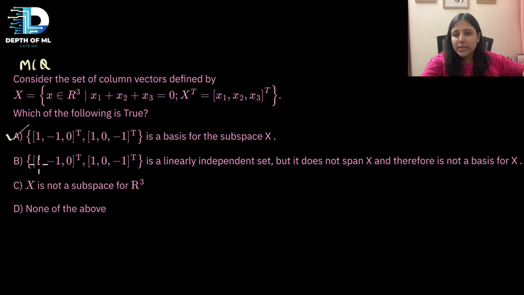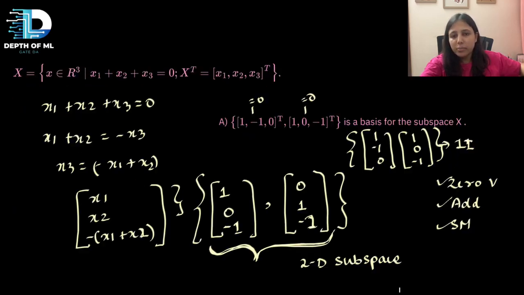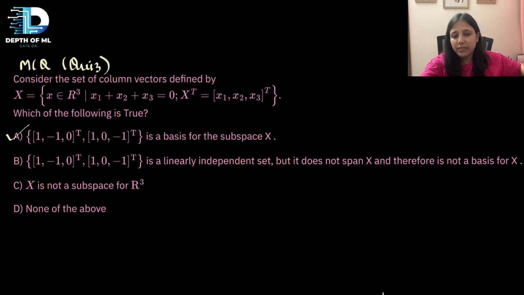Now option B says that this is a linearly independent set, but this does not span X. Therefore, this is not a basis for X. Okay. This is actually from our quiz, and I saw that a lot of students chose this because when they tried to find the basis for this particular vector based on these vectors, they were able to find this, and they thought that this is not matching the basis that has been given.